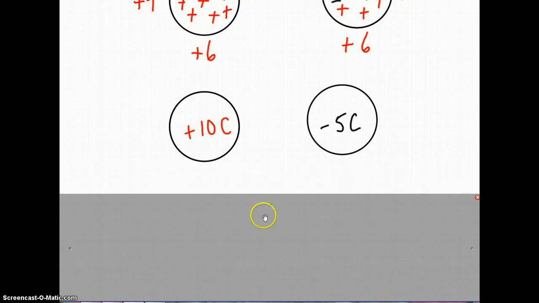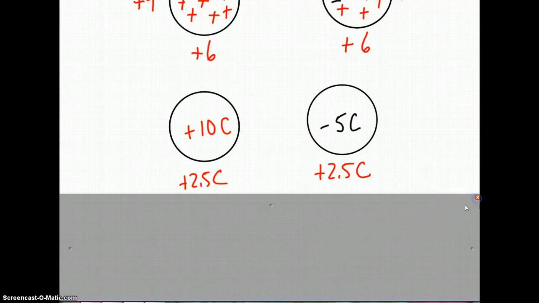Well, quickly here, we just got done saying that it's the average of each. So if you take positive 10 plus negative 5, that is positive 5, divided by 2, would be positive 2.5 coulombs for each object.